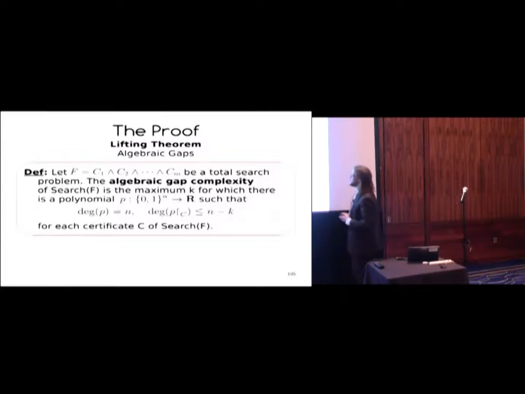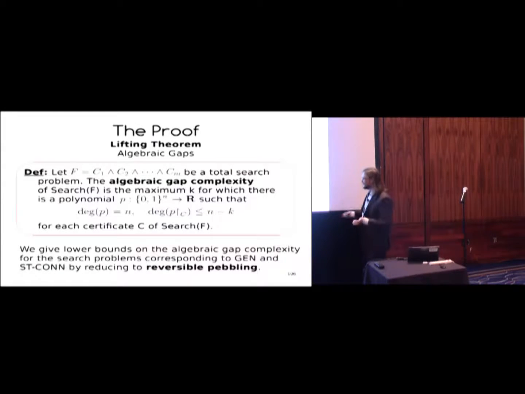I don't really have time to tell you how we get the algebraic gaps, because it's not an easy problem. It involves looking at big systems of linear equations and reducing them. But maybe I'll just say, to get a lower bound for ST connectivity and for gen, we more or less reduce to something called reversible pebbling, or this Diamond-Tompa pebbling game, if you're familiar with it in that form.